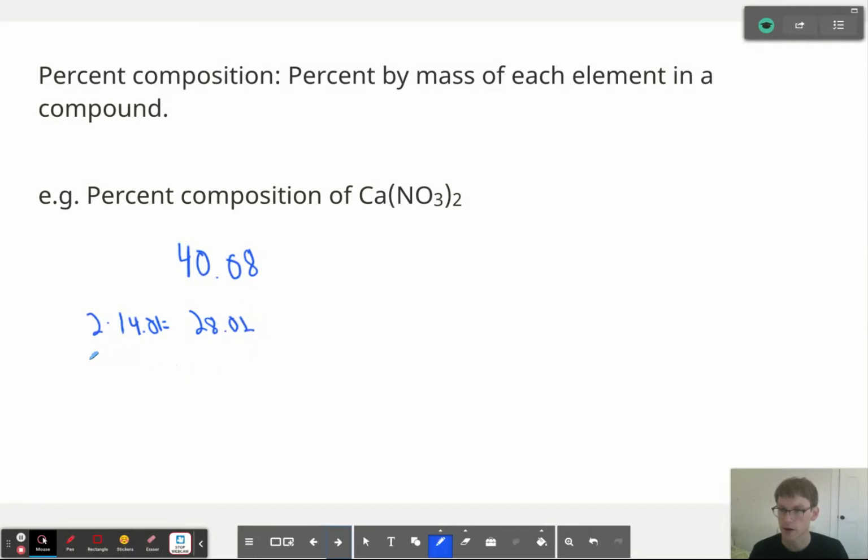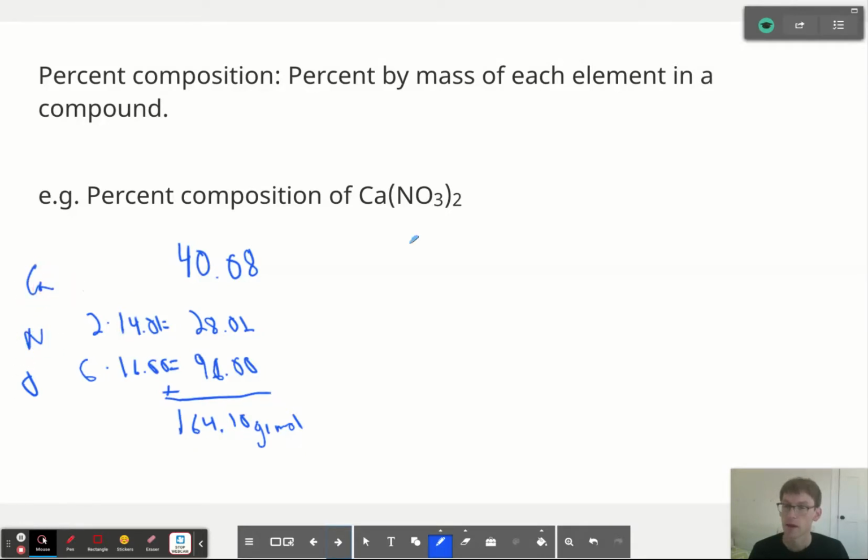And for oxygen, that was 6 times 16.00 grams per mole, equals 96.00 grams per mole. And the sum of these is going to be 164.10 grams per mole, as we had before. This is for O, this is for N, and this is for Ca.